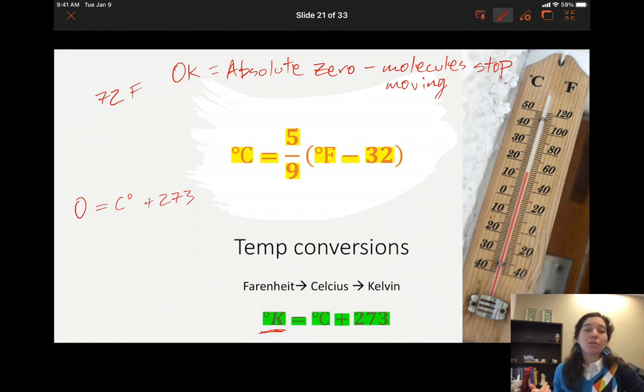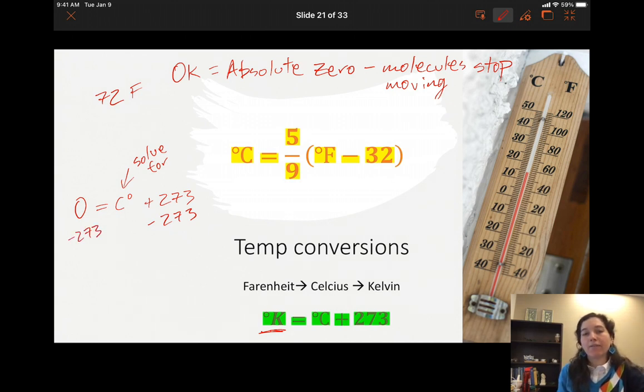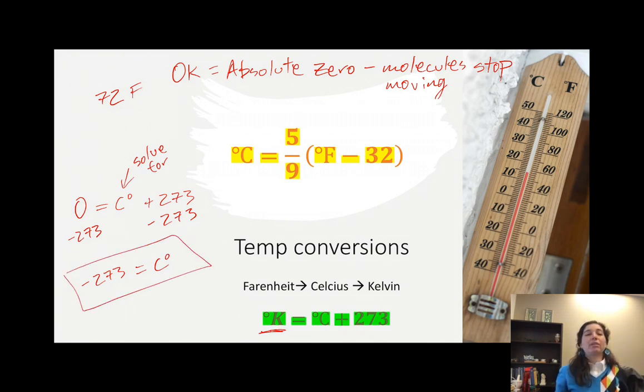Here, we're solving for this, so you can assume that's like an x in algebra. We're going to get rid of the 273 on both sides to isolate our variable, our Celsius. So minus 273 is equal to our Celsius value. So 0 Kelvin is minus 273 Celsius.